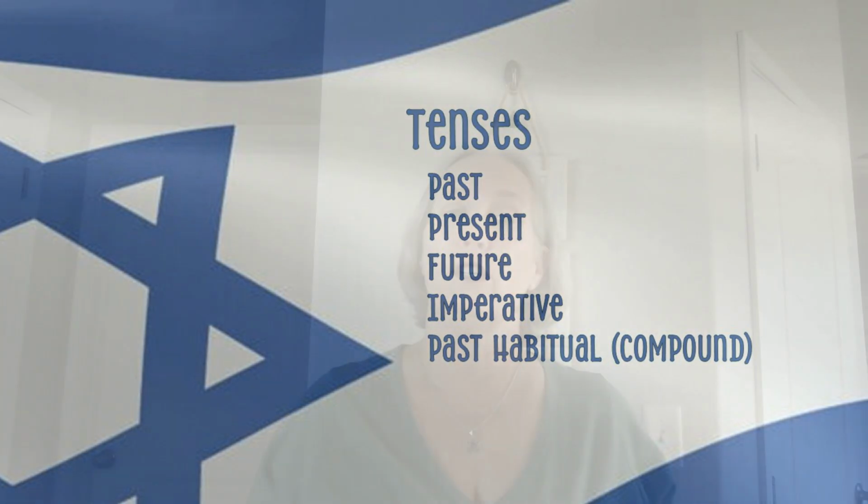So in Hebrew, past habitual is used to indicate something that happened repeatedly in the past. Hebrew teachers don't really talk about this as a tense because it is just formed by using the past tense of the be verb plus the present tense of the main verb. And so there are no new conjugations to learn, and it's a very easy thing for learners to learn.